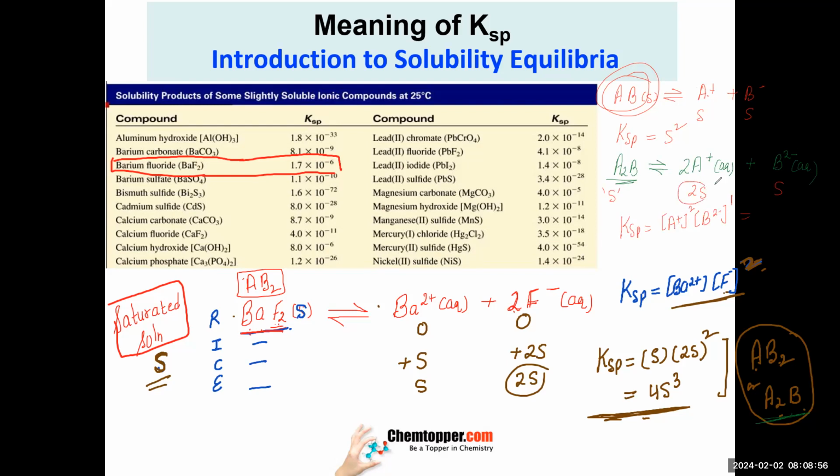So A+ is 2S, 2S raised to power 2 times S. How much is this? 4S cubed, right? So for A2B type, where the ratio is 2 is to 1 or 1 is to 2, you have to use this 4S cubed. I'm not asking you to memorize, I'm asking you to practice. If you practice, definitely it will go into memory.